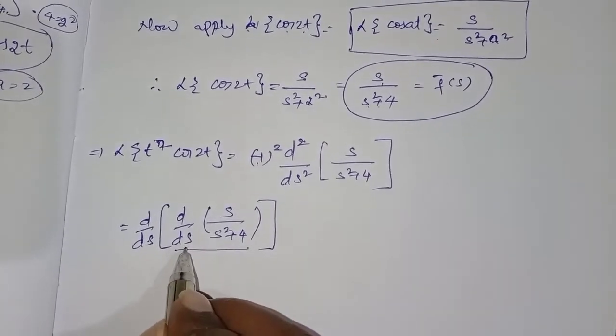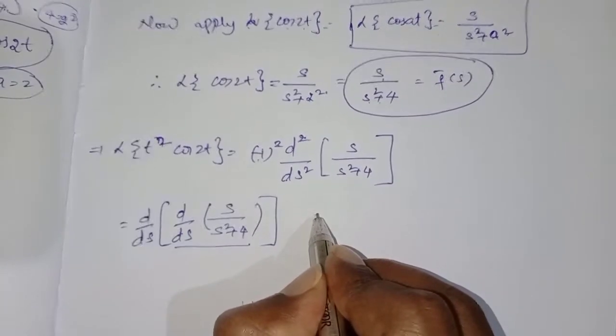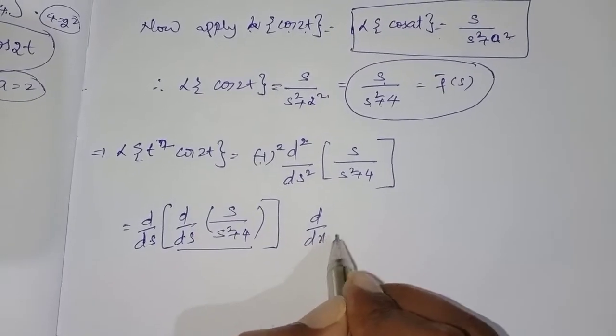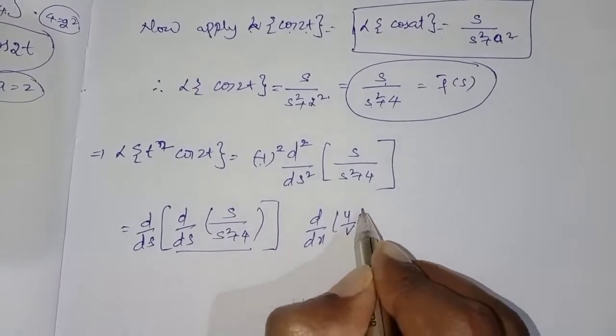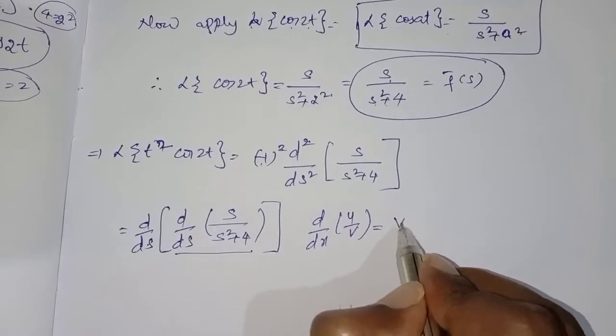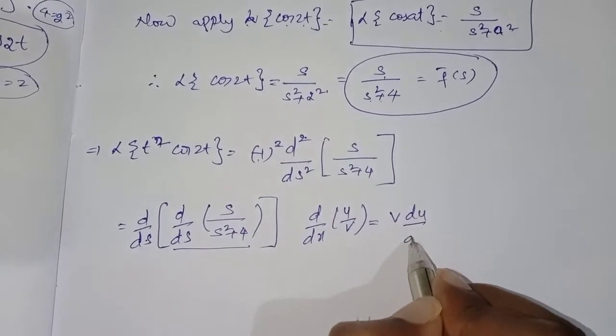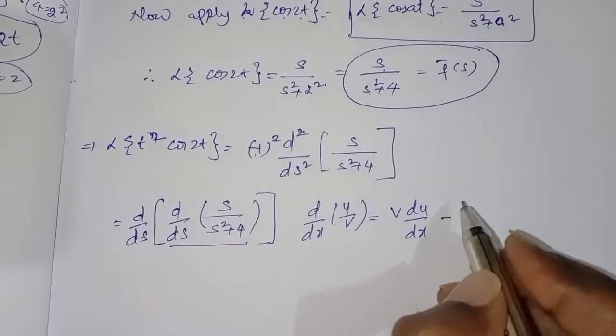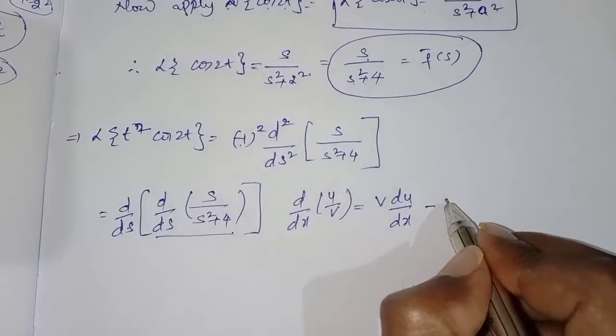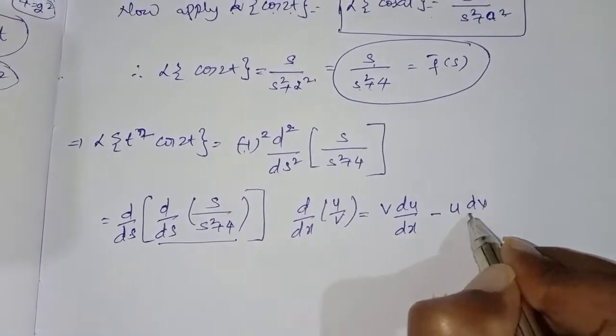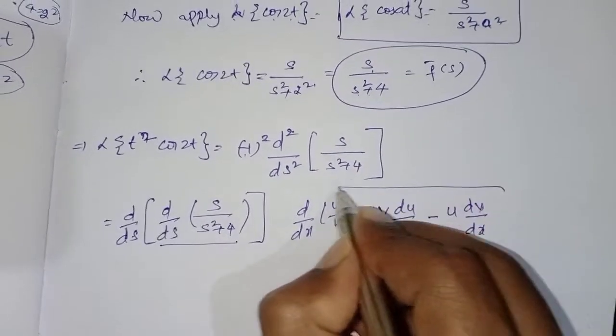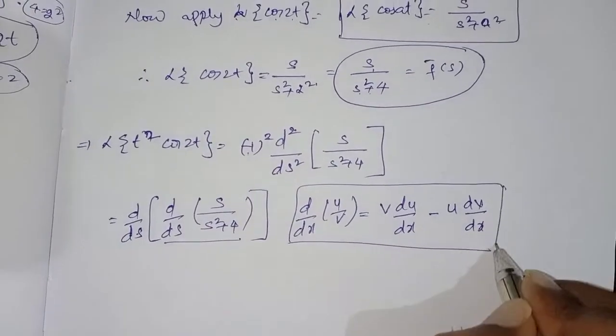Here just apply the quotient rule. The quotient rule is d by dx of u by v is equal to v into du by dx minus u into dv by dx. This is the quotient rule.